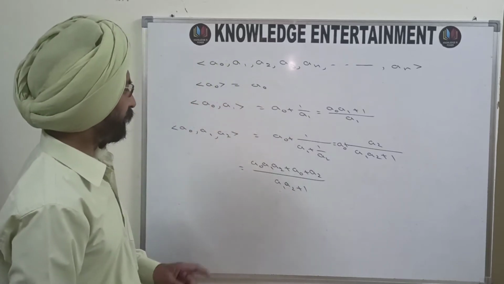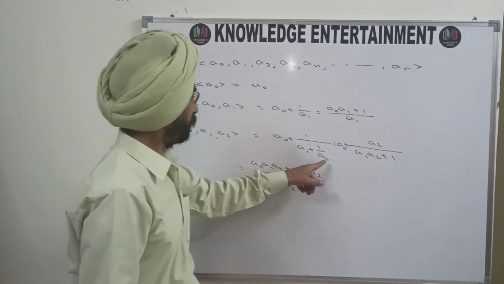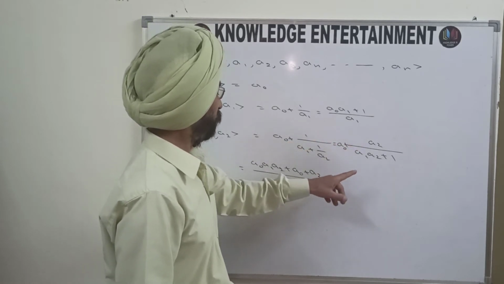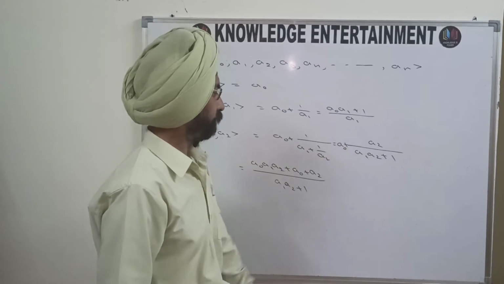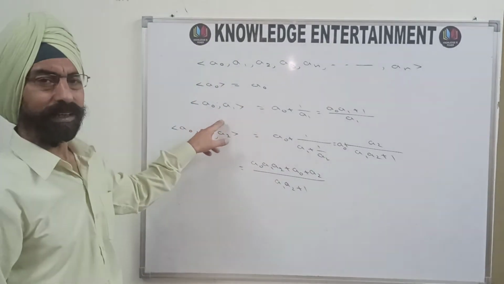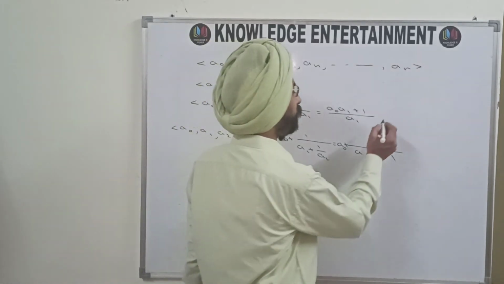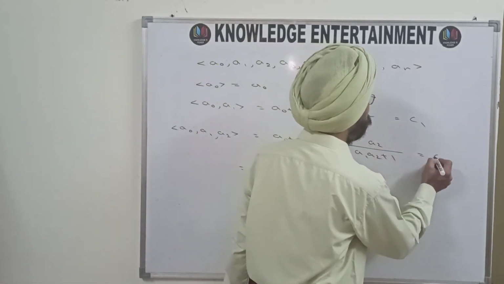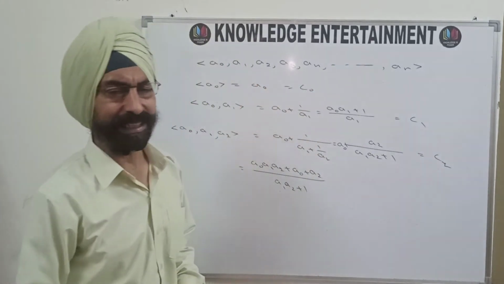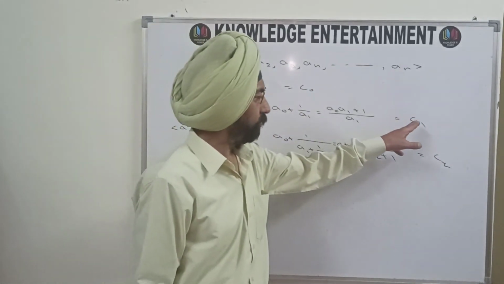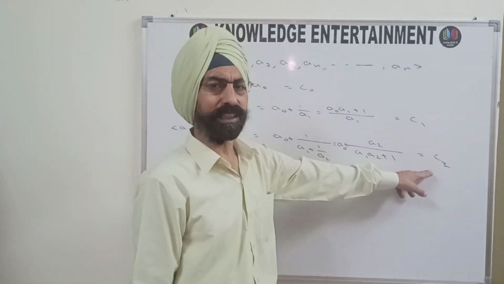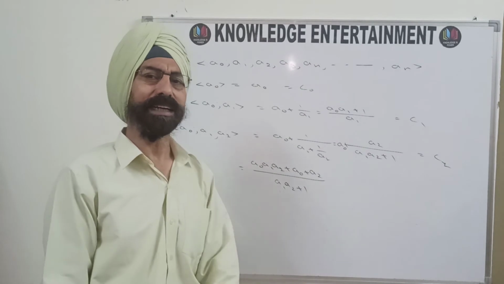Let me check the calculation first: a1 a2 plus 1 is the LCM, so a2 will go into the numerator, and it's okay. And so on, continuing like this. This one is denoted by C1, this is denoted by C2, this is denoted by C0, and they are called the first convergent, second convergent, 0th convergent and so on.